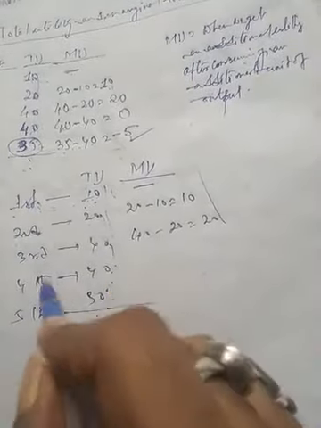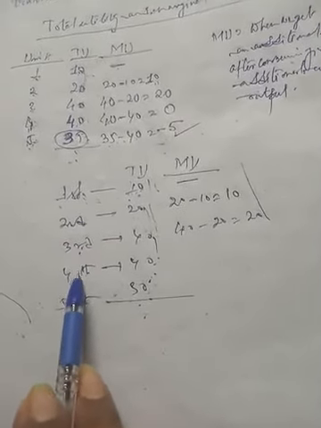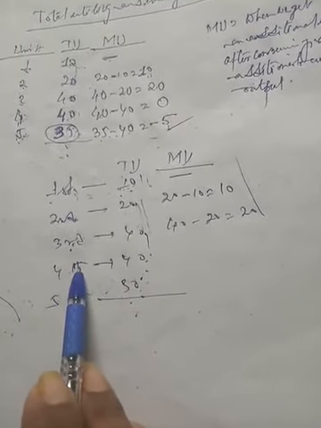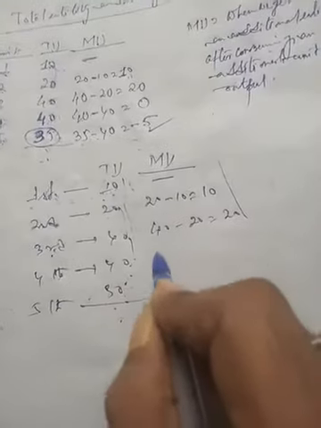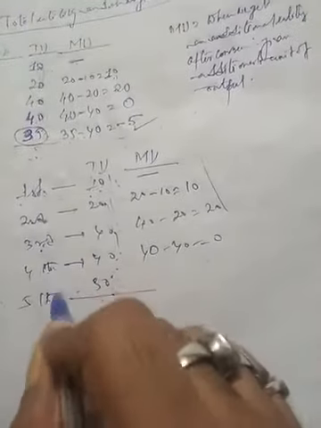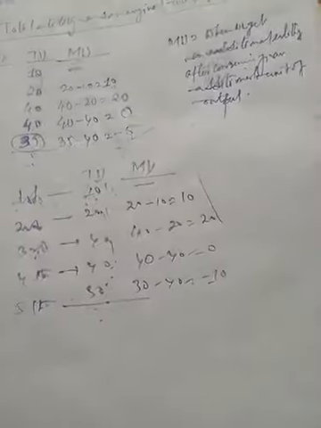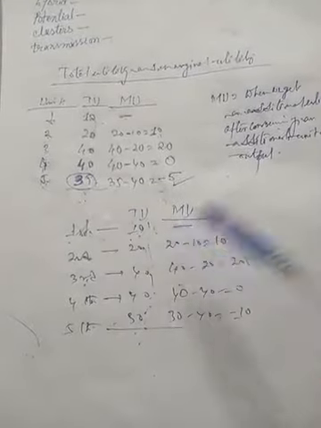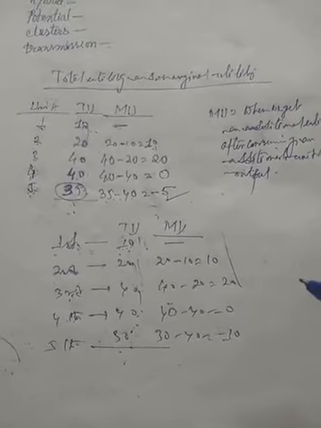Going from third to fourth, one additional good, 40 minus 40, 0. Next, fourth to fifth, 30 minus 40, that means minus 10. In this way we discussed total utility and marginal utility. In the next video we will discuss the relationship between total utility and marginal utility.